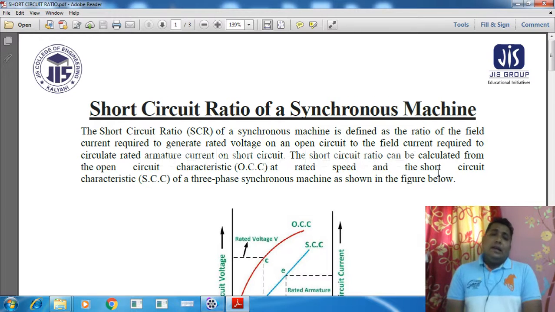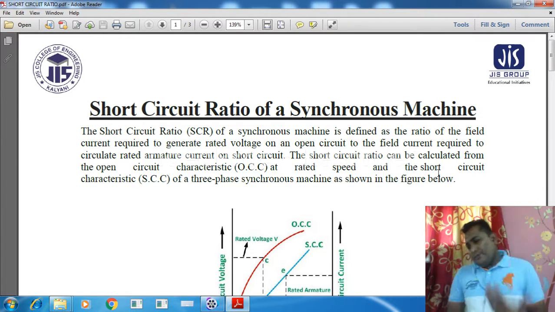The short circuit ratio of a synchronous machine is defined as the ratio of the field current required to generate rated voltage on open circuit, to the field current required to circulate rated armature current on short circuit.